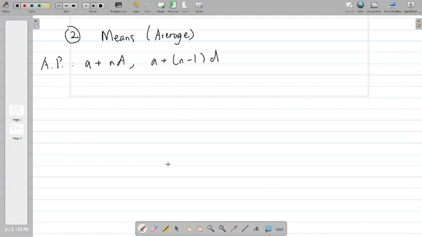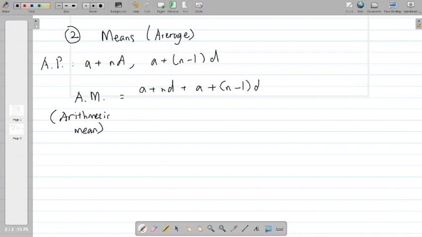So the way to take the mean of this is, we're going to call this AM, which stands for arithmetic mean. Essentially, we're going to take the average of these 2. So we're going to take a plus nd plus a plus n minus 1d, and divide it by 2.